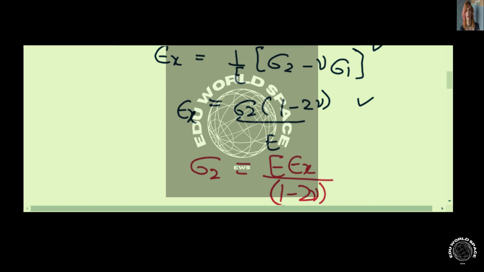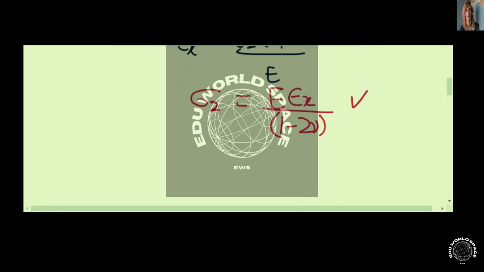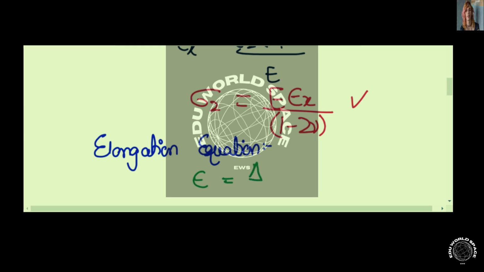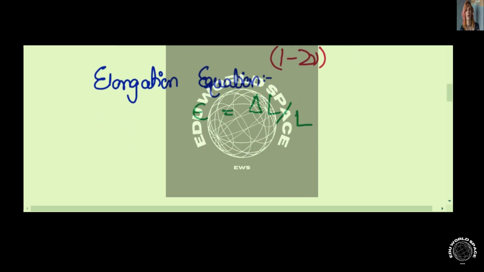After doing this, we need to recall the elongation equation. The strain is simply the change in length divided by the strain gauge length, and in our case this is delta L divided by the strain gauge length.